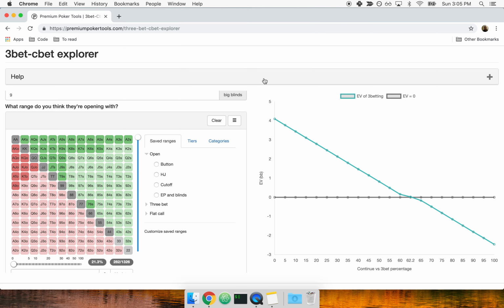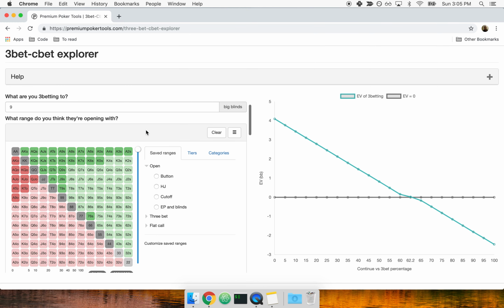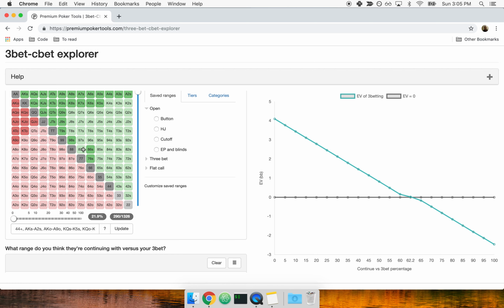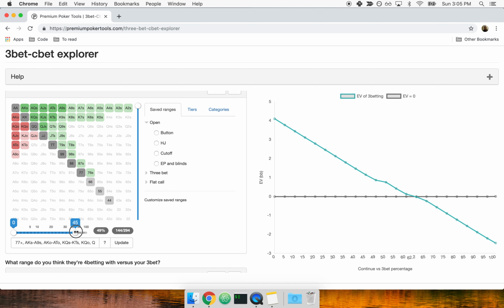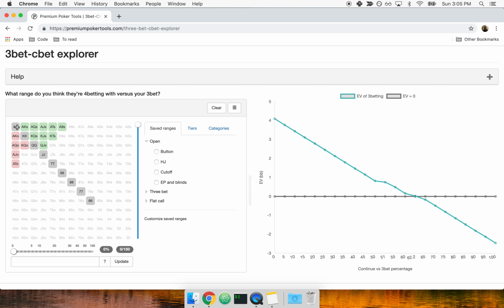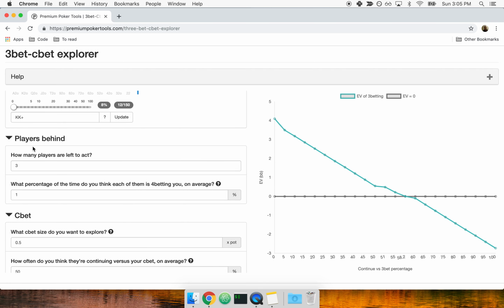So let's take a look at that. Let's say this is their opening range. And now let's say that they continue 50% of the time. Let's say they're 4-betting aces and kings. We're on the cutoff, and each person behind is going to 4-bet 1% of hands, so kings plus.